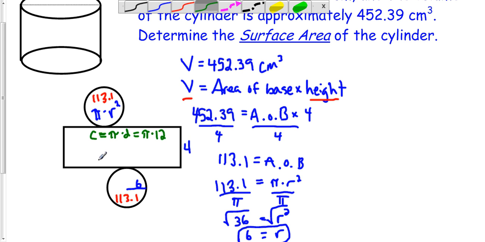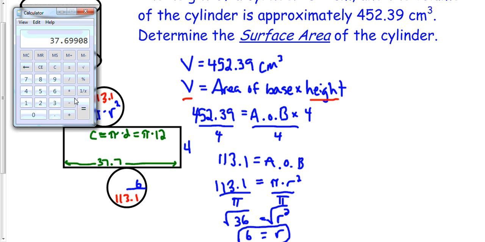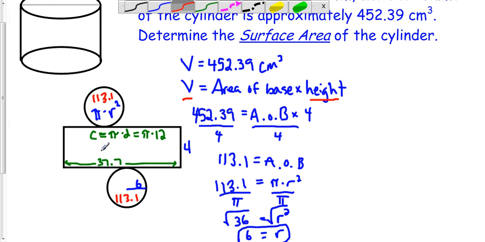So this length is 37.7, the width of this shape. To find the area, I'm going to go 37.7 times 4, because that's the area of a rectangle, and I get 150.796, so 150.80 if I round it.